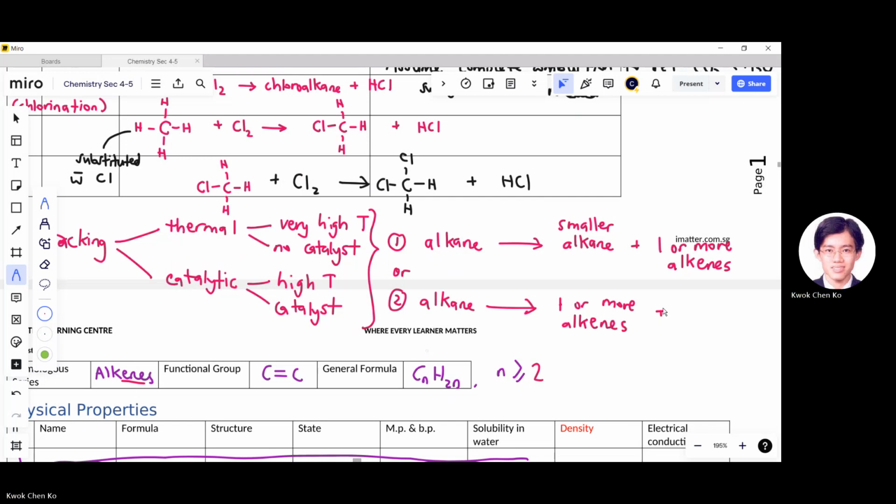Plus just one hydrogen. So both are for thermal and catalytic. Either thermal or catalytic can engage in either reaction.